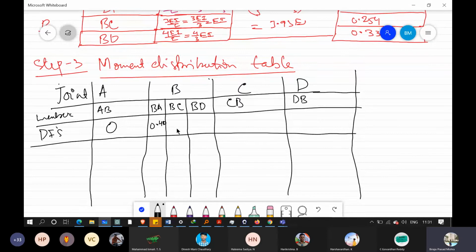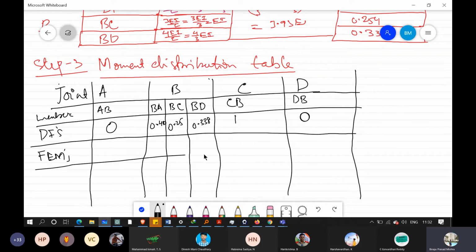Next, this is 0.25 distribution factor. This is 0.338 for BC and BD. Then the distribution factor for CB will be 1. And the distribution factor for DB is 0. Okay.